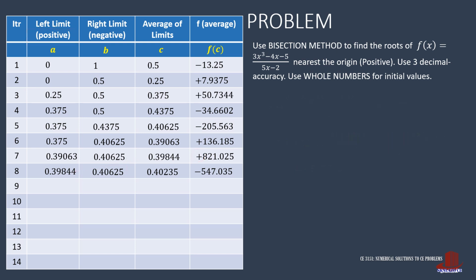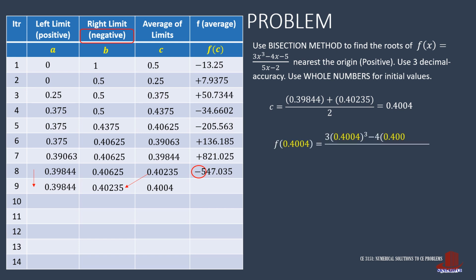For the next iteration, c replaces b because f of c is negative. A still remains at 0.39844. Take the midpoint at half of 0.39844 plus 0.40235, which is 0.4004.